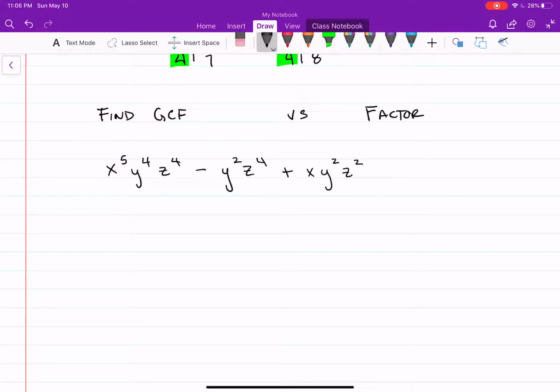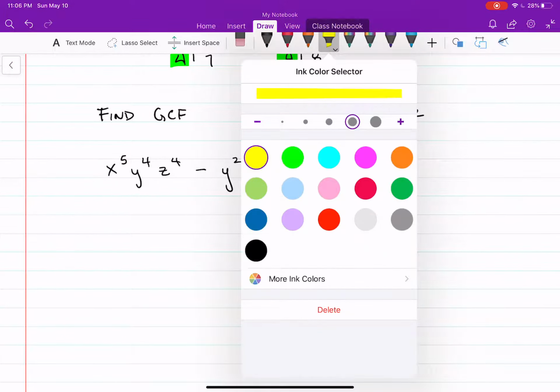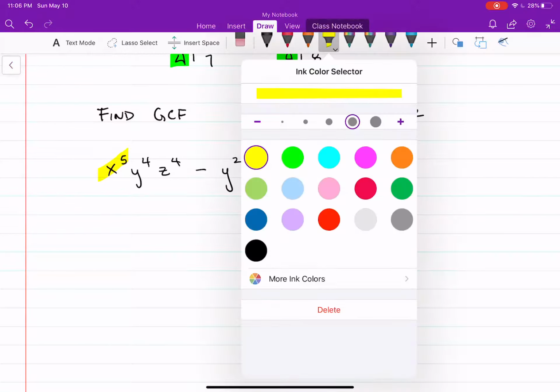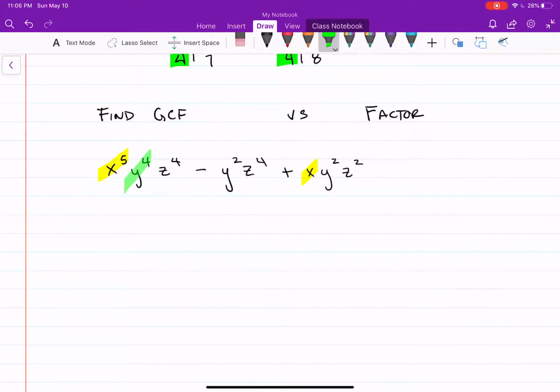So if you look at this, how about if I put it this way? Let's do it this way. So let's look at all the same bases. So here is x to the 5th. Here's an x. y to the 4th. y squared. y squared.